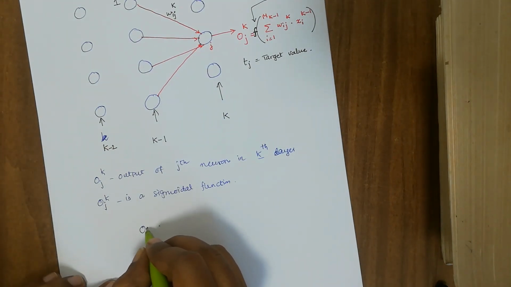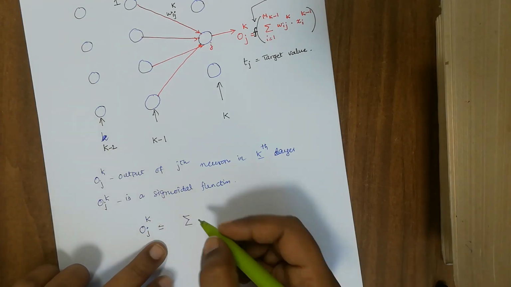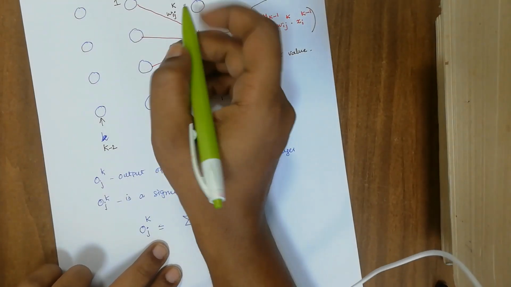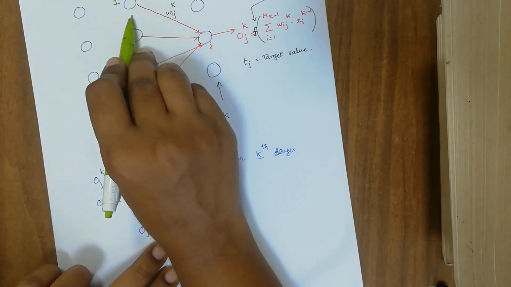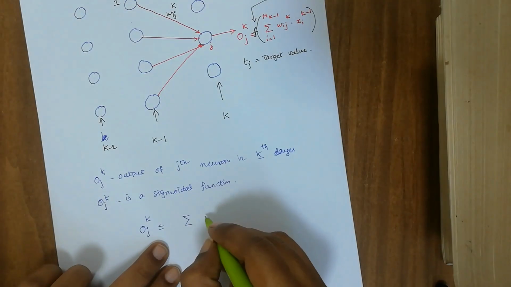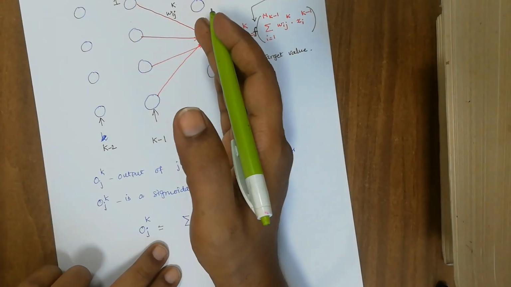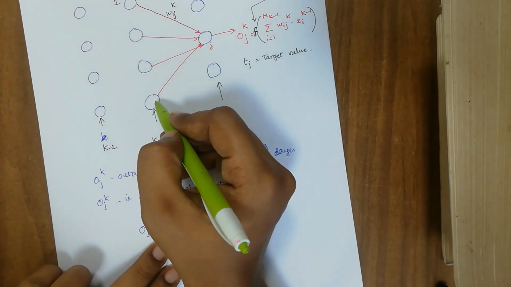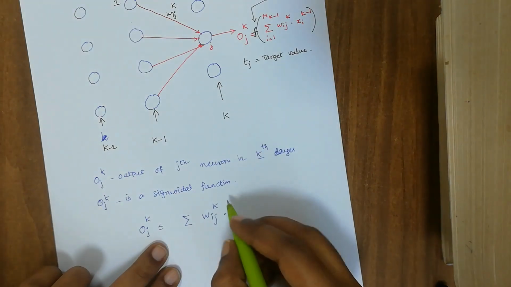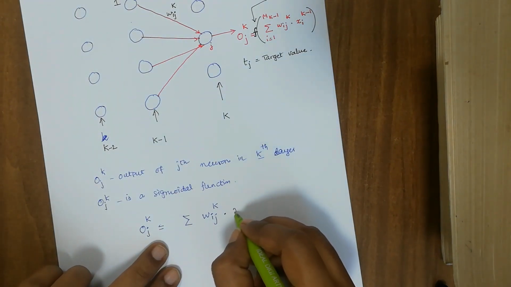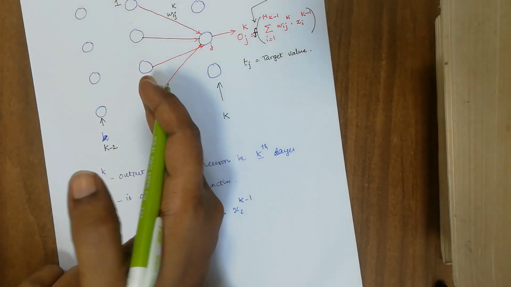The output of the jth node in the Kth layer is the summation of the weight connecting Wij^K, where the connection goes from K minus 1 to K, multiplied by the input to each individual ith neuron in the K minus 1th layer, represented as xi^(K-1), which is the layer previous to the output layer.